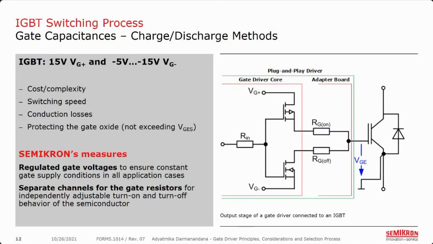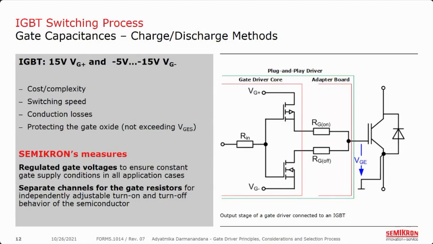And these voltages should be chosen as a compromise between different aspects like cost and complexity, the switching speed, conduction losses, and protecting the gate oxide from exceeding the maximum VGE. It is possible that you only need one resistance value for both turn on and turn off, so you only need one resistor for both processes.